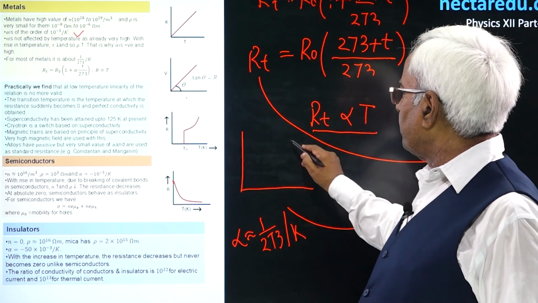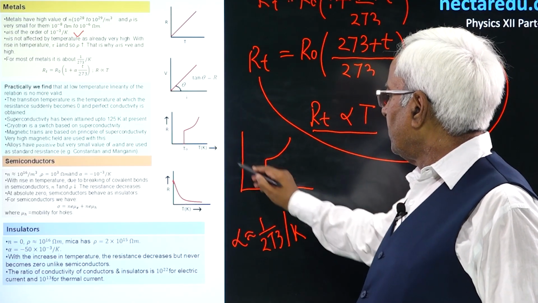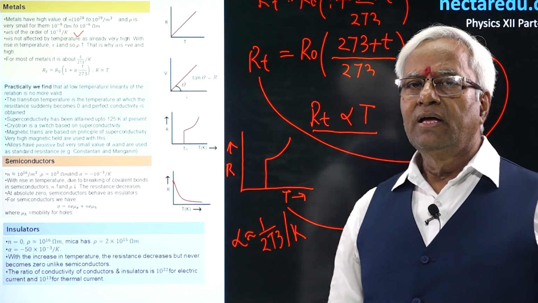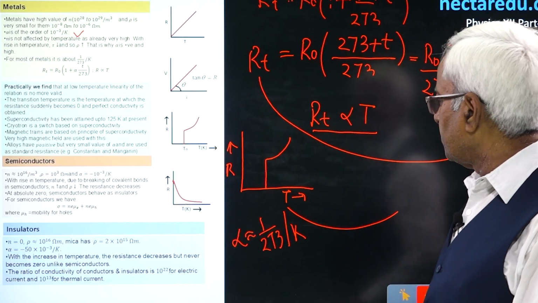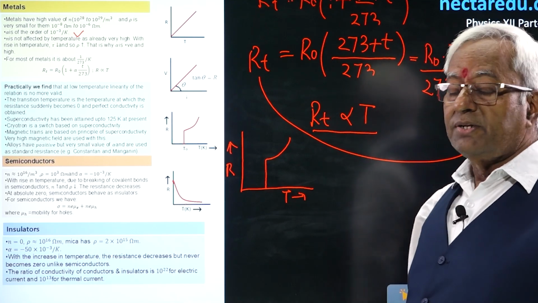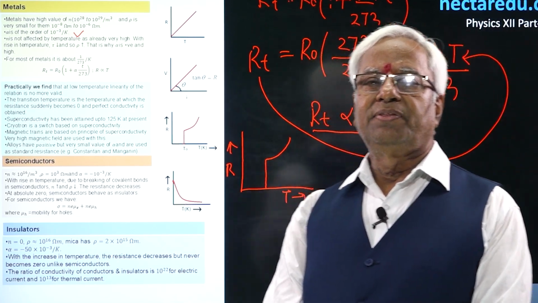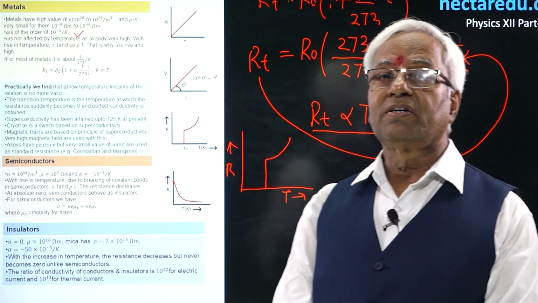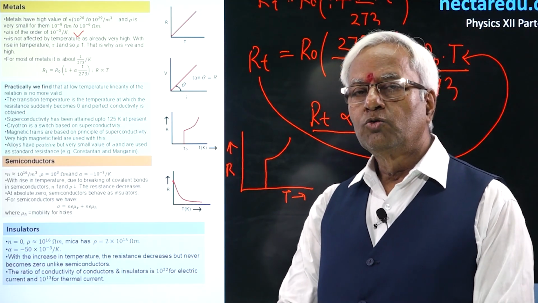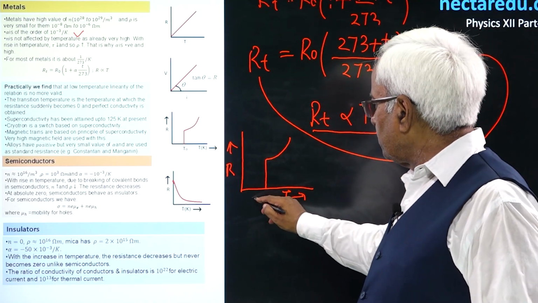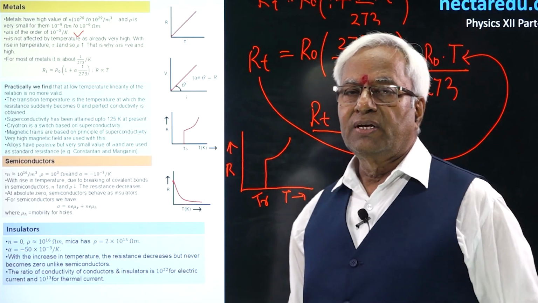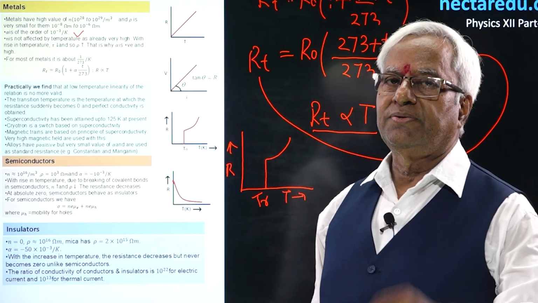Actually what happens is that with temperature, resistance increases, and when the temperature starts decreasing, all of a sudden at a particular temperature the resistance suddenly reduces to 0. Zero resistance means superconductor. When the resistance becomes 0, the metal has been converted into a superconductor. This particular temperature at which superconductivity takes place is known as the transition temperature.